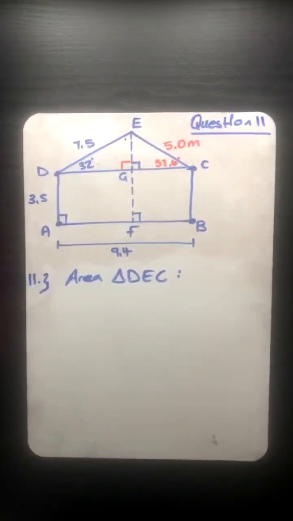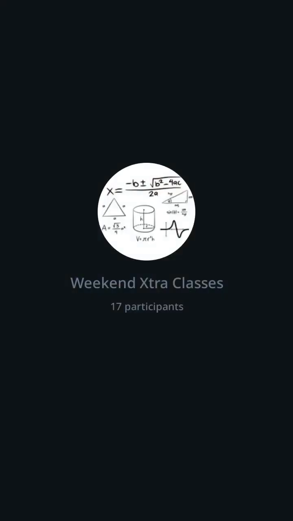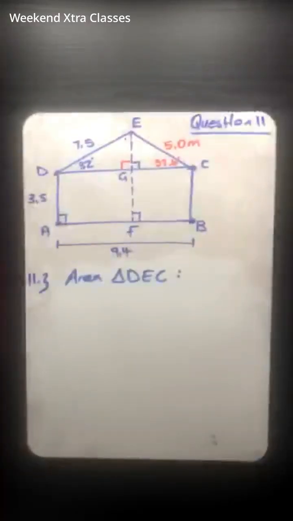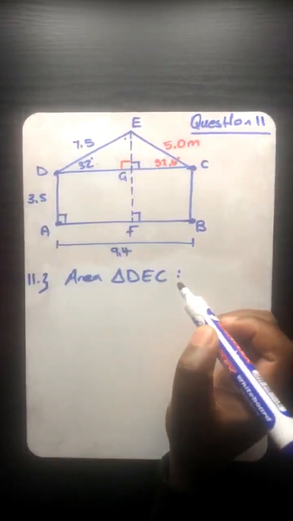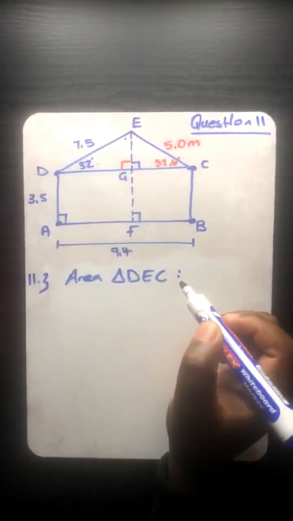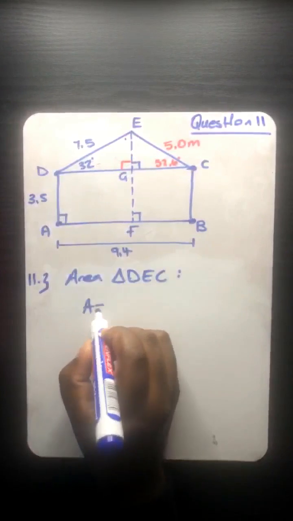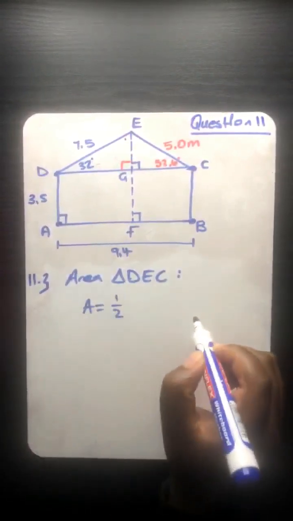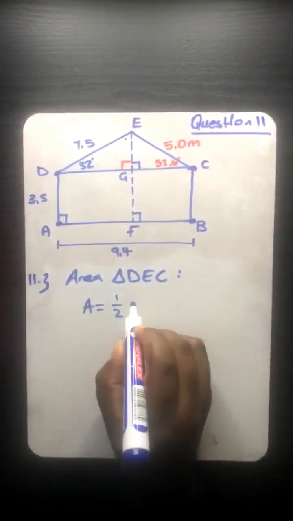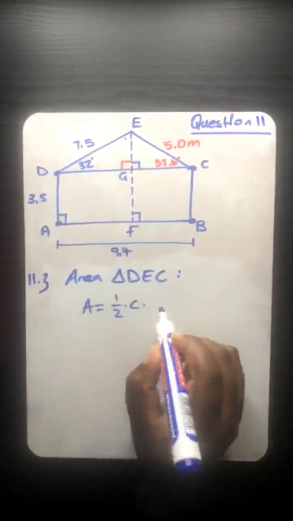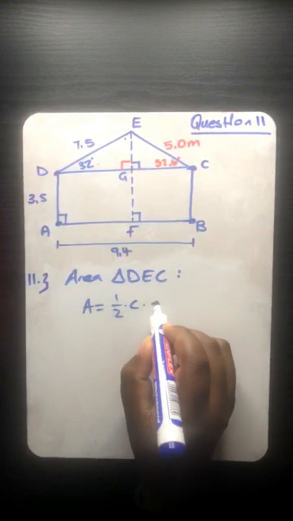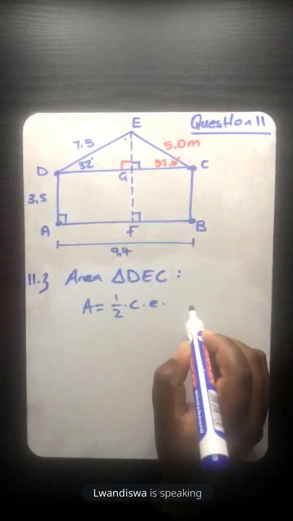Can I try, sir? Okay, there is someone. Who's speaking? Lwandiswa. Go for it, honorable member. I think we can use area is equal to half the small c times the small e times sine d.